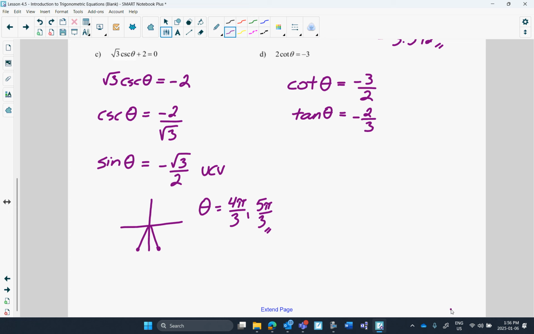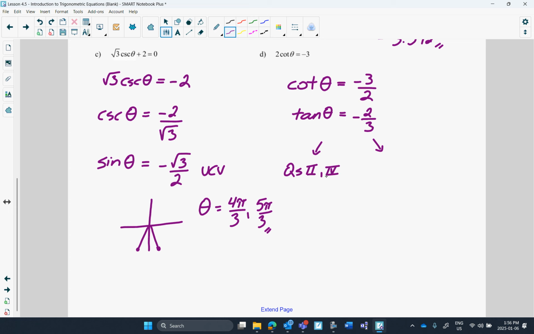Calculator or unit circle? Calculator. So I need my quadrants. Quadrants 2 and 4, because tan is negative.